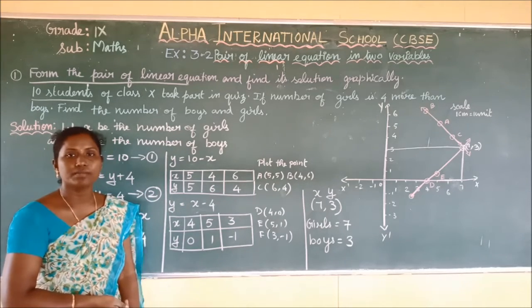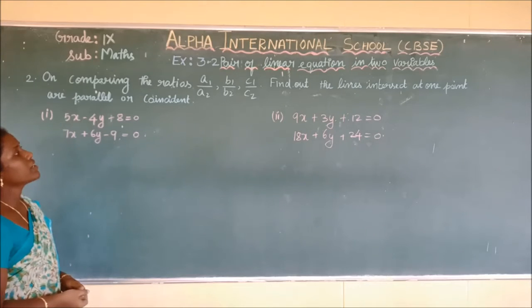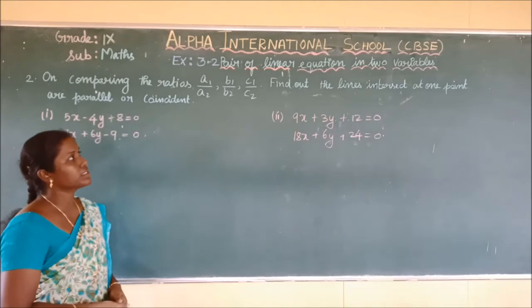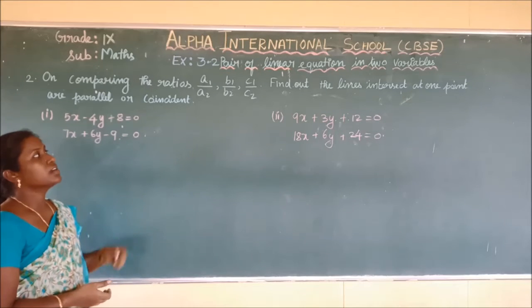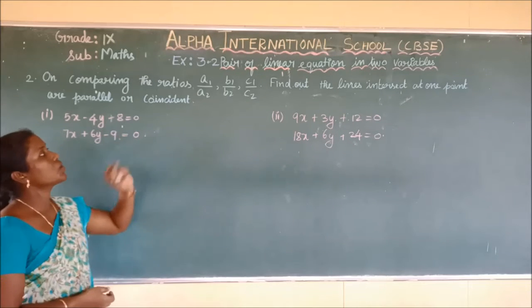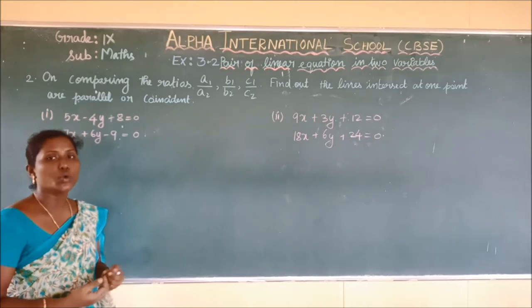Okay children, now we'll see the second problem. On comparing the ratios A1 by A2, B1 by B2 and C1 by C2, find out whether the lines of the given equations intersect at one point, are parallel, or are coincident. So we have to analyze using the coefficients.